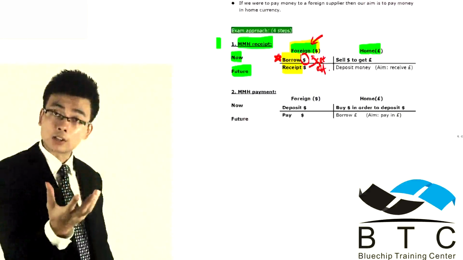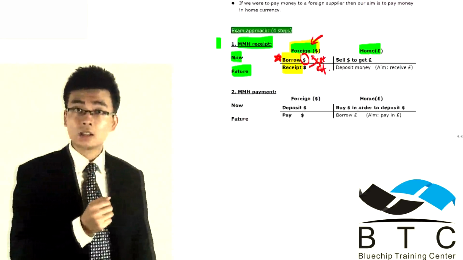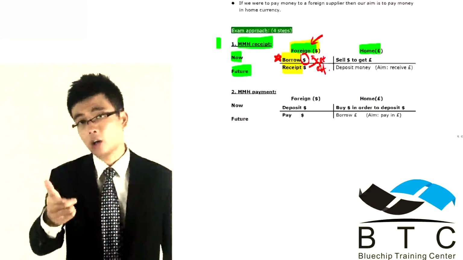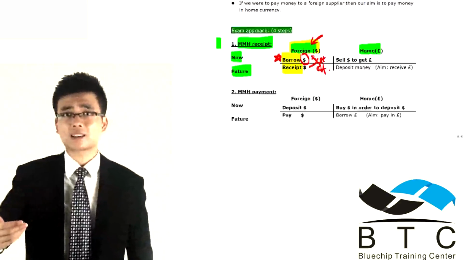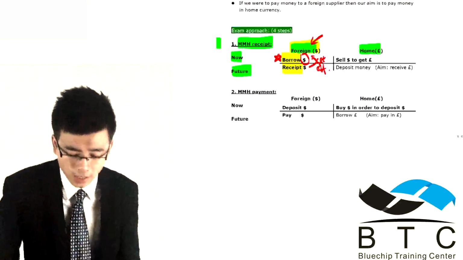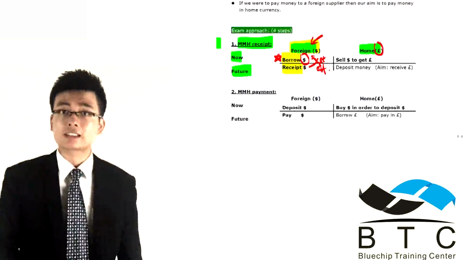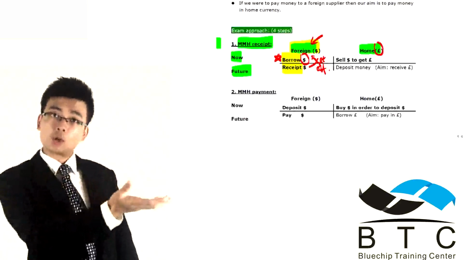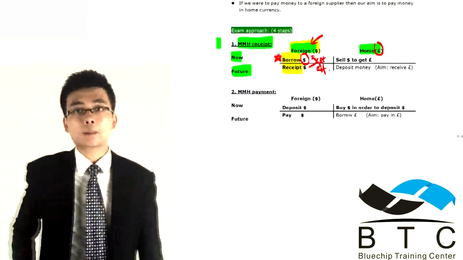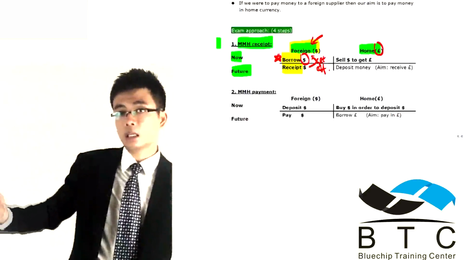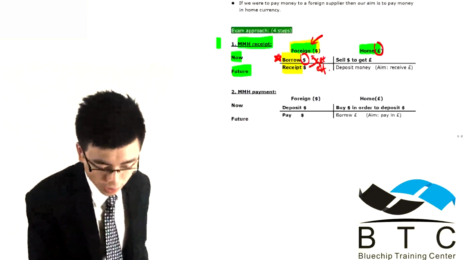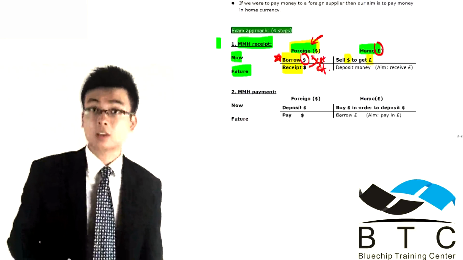Fine, you've got the dollars in hand. Is that useful to you in your home market? The answer is no, because you need to pay for something in your home currency, which is UK pounds. So instead of holding too much money on hand, I'm going to sell those dollars to our home market bank to get the pounds.